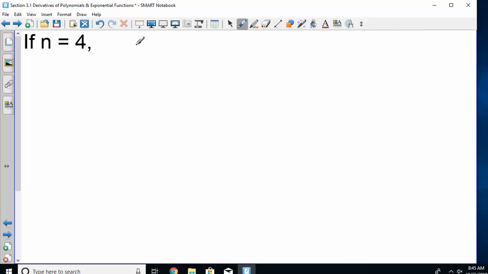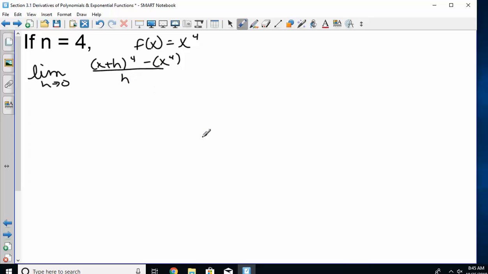For the 4th, we've got the limit as h approaches 0 of f of x plus h minus f of x, all over h. Okay, so I have to do this thing to the 4th power. I'm going to use that little triangle trick I showed you guys the other day.